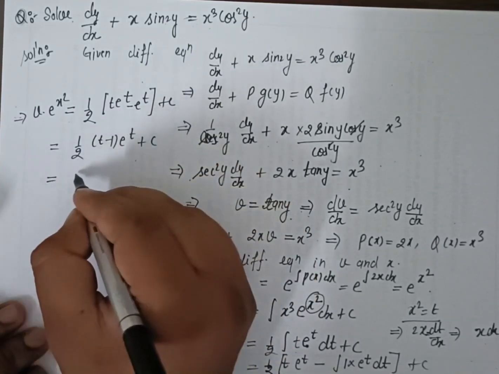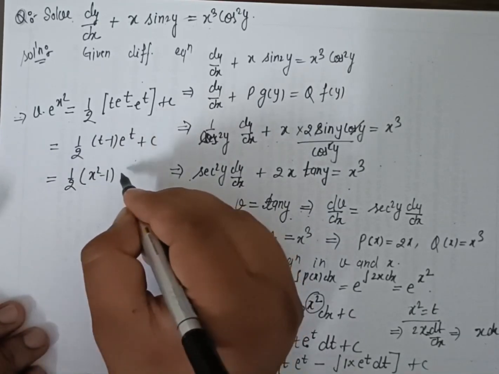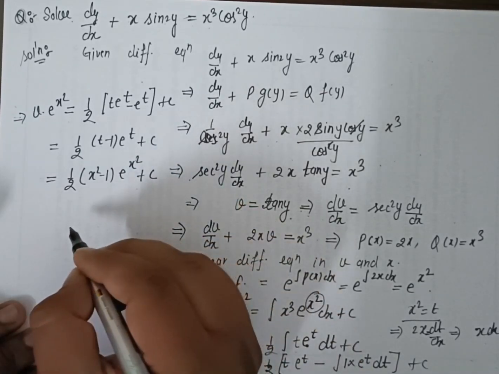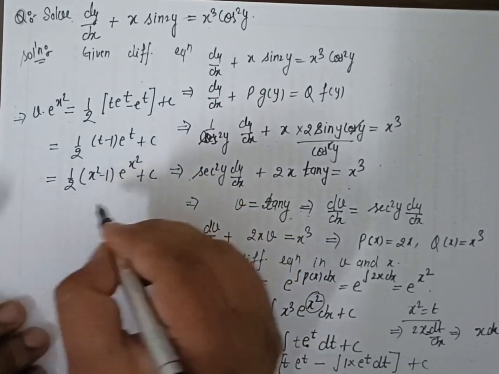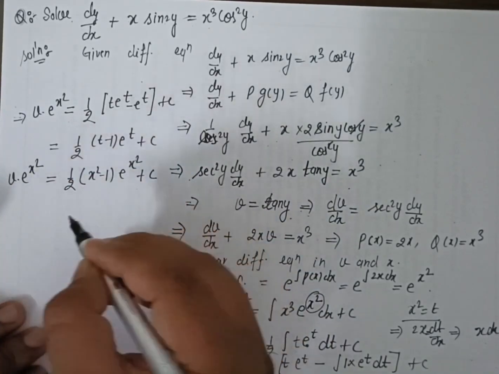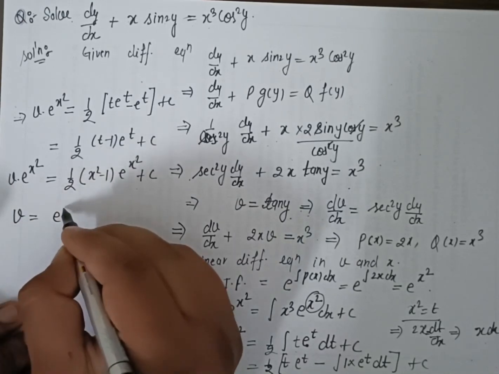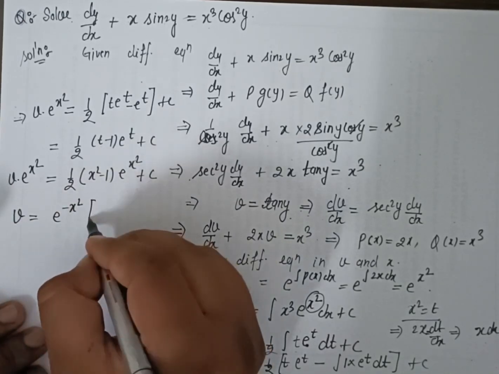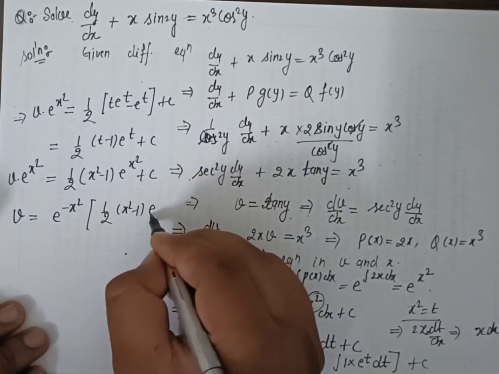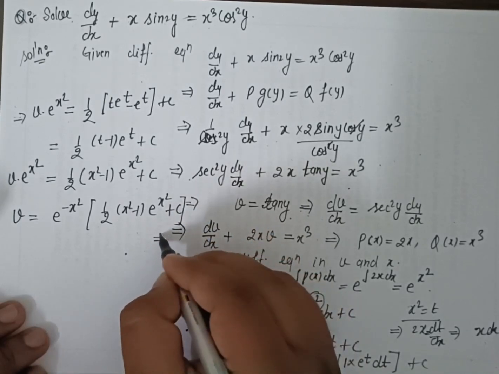Now substitute the value of t here: 1/2 (x² minus 1) e^(x²), then plus c. So which is your required answer. That is v into e^(x²), or you can write it collectively, v equals e^(-x²) times 1/2 (x² minus 1) e^(x²) and then plus c, which is your final answer.